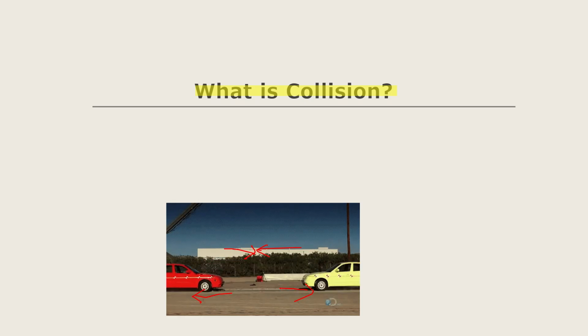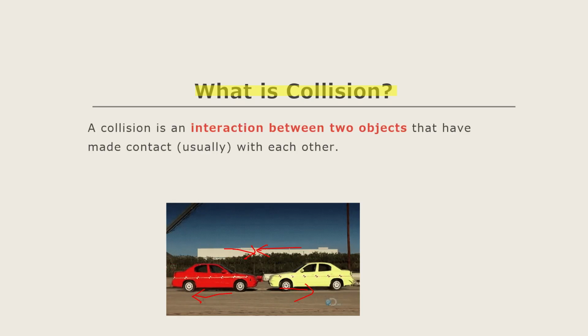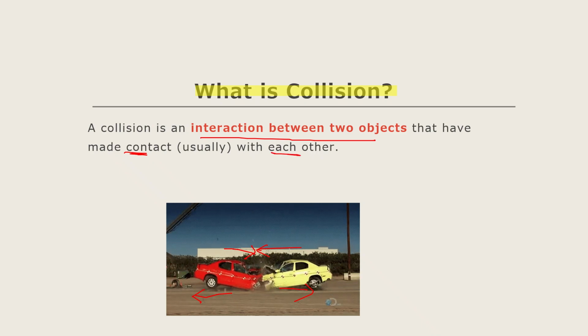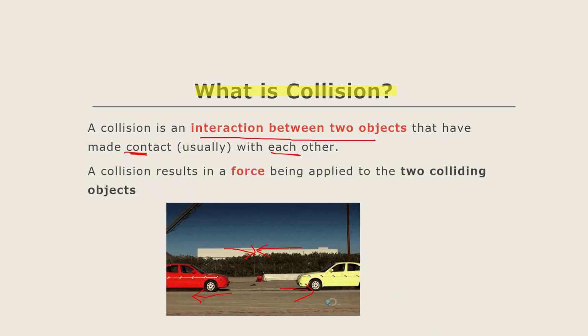So we can define a collision as an interaction between two objects that make contact with each other. And a collision results in a force applied to the two colliding objects.